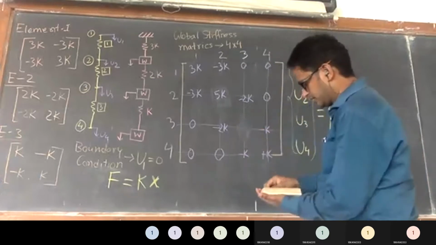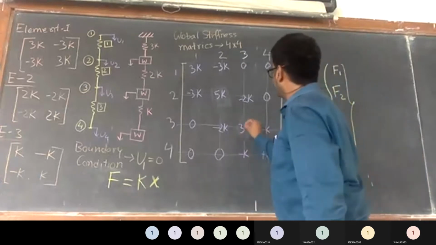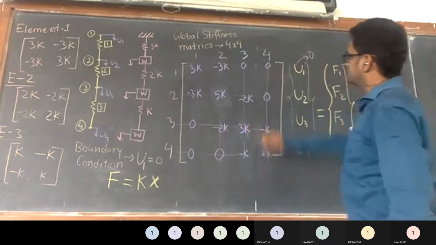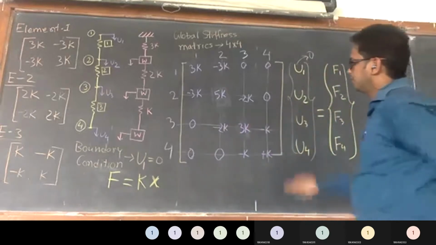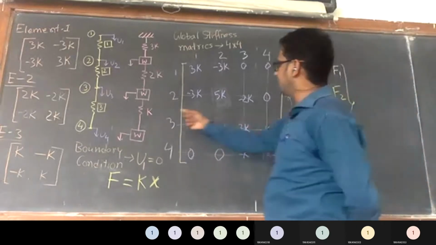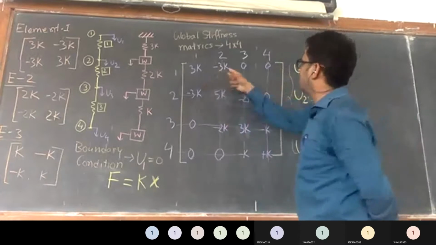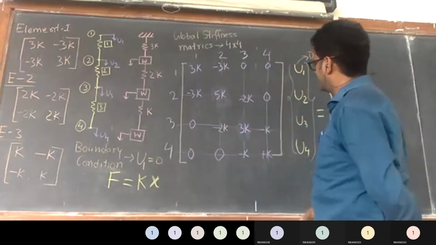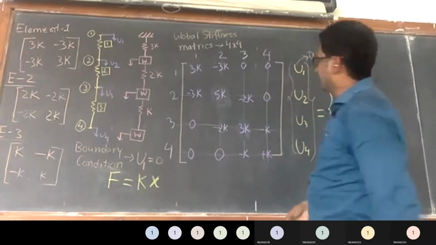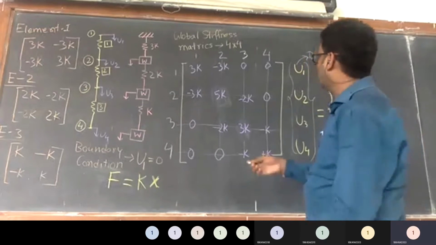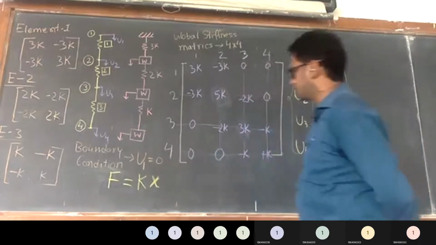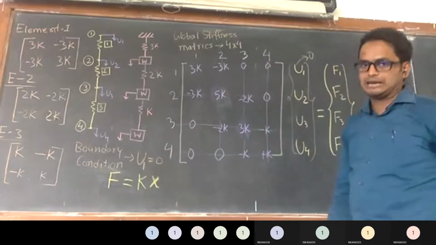So I am going to write here 3K. Rest everything will remain the same. You can either keep this K out also because it is common to every point. And now you have to apply the boundary condition and you have to solve it in your calculator.